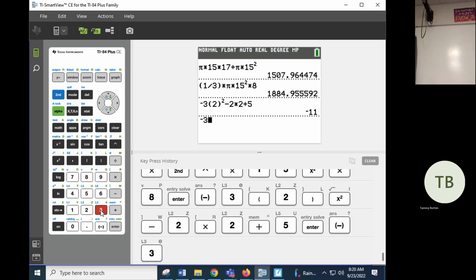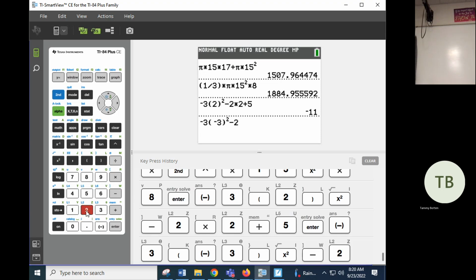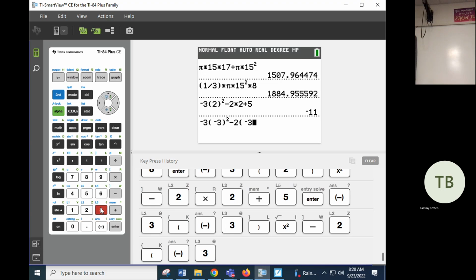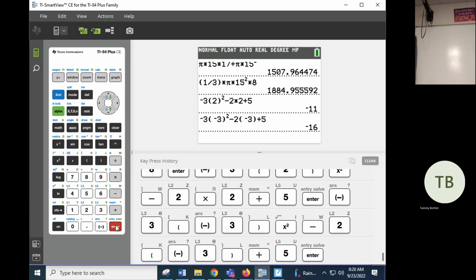So it'd be -3, parentheses, -3, parentheses squared, and then -2. And then for that -3, I would probably put it in parentheses. So I'd go parentheses -3, and then +5. Okay, and when we do that, we get -16. Is that what you guys got too? Yeah.